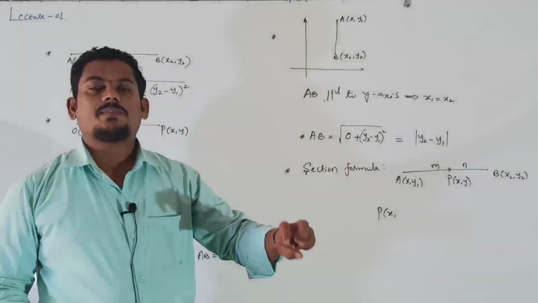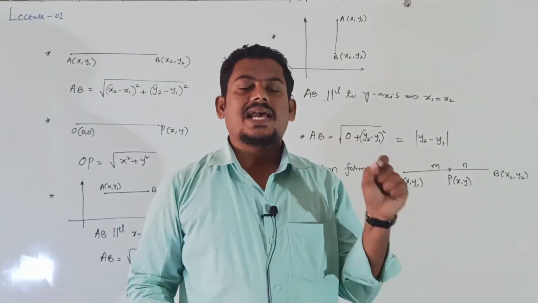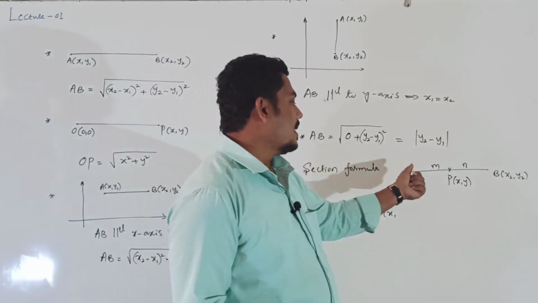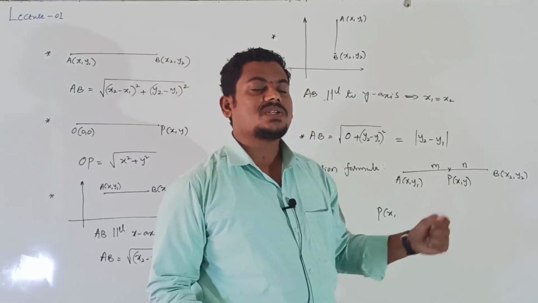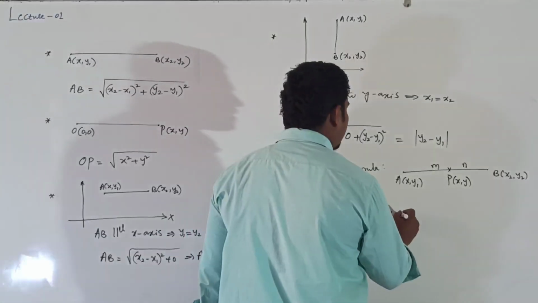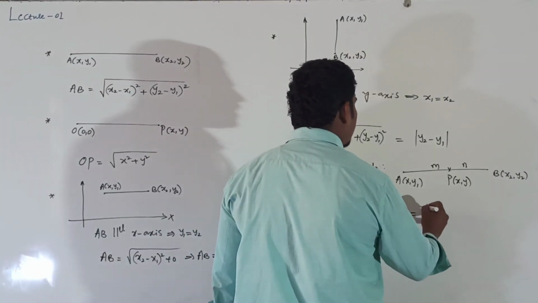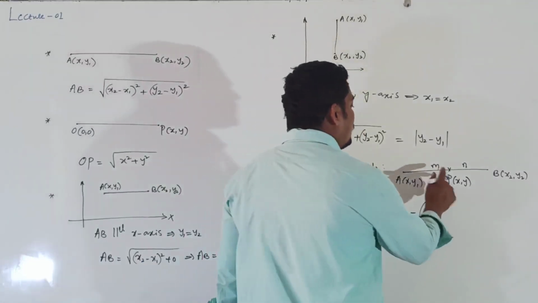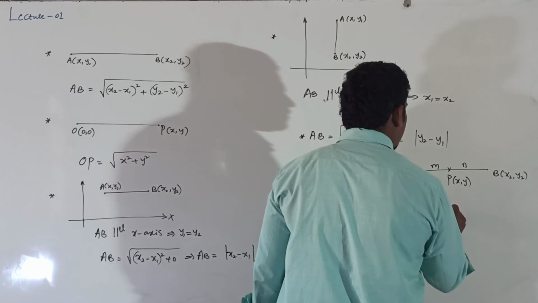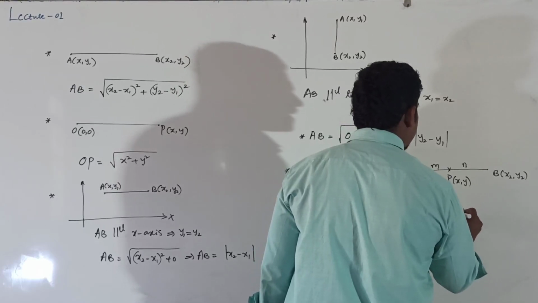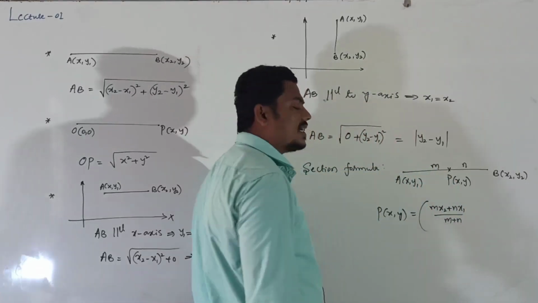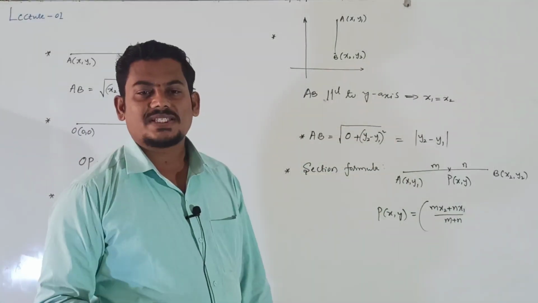Point P divides the line joining AB internally in the ratio of m is to n, then whose coordinates are? Already you know the section formula for internal division: mx2 plus nx1 divided by m plus n, and the necessary condition is that m plus n should not be 0.